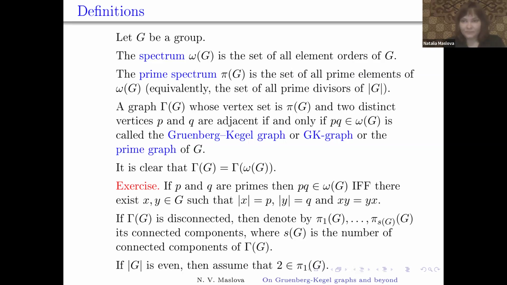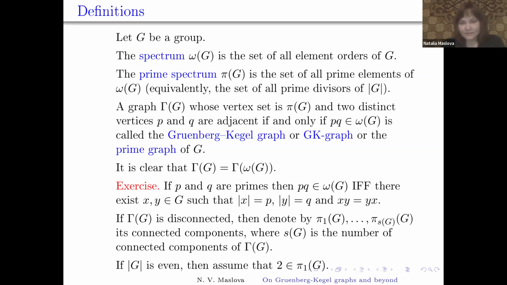So you can define the Gruenberg-Kegel graph as a prime graph on the set of element orders of this group. And a very easy exercise: two primes are adjacent in the Gruenberg-Kegel graph of a finite group if and only if there are elements of such orders in the group which commute.